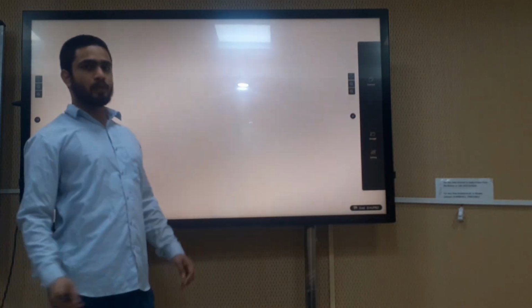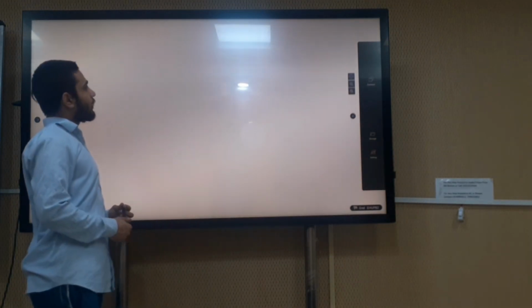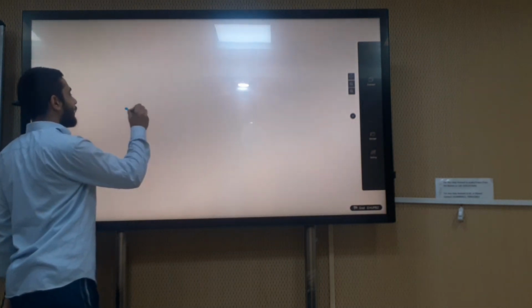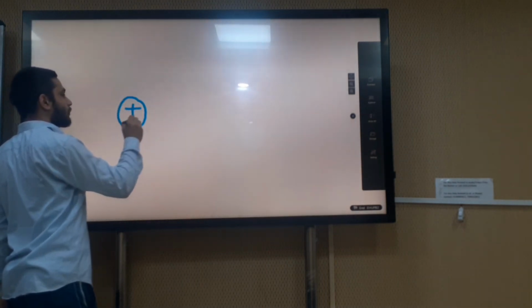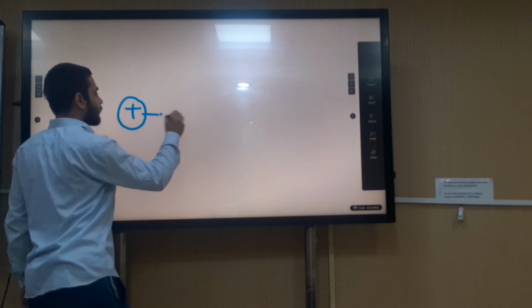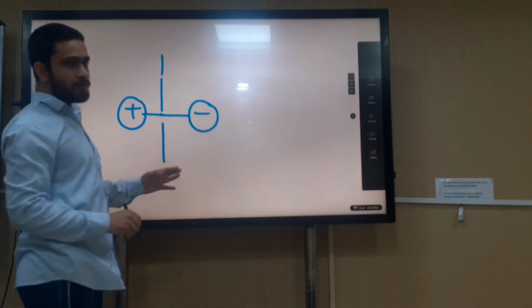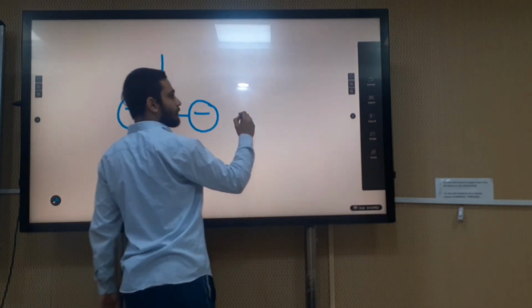Let's see some more things in the electric dipole. Suppose this is an electric dipole, and suppose there is one more geometry like this.